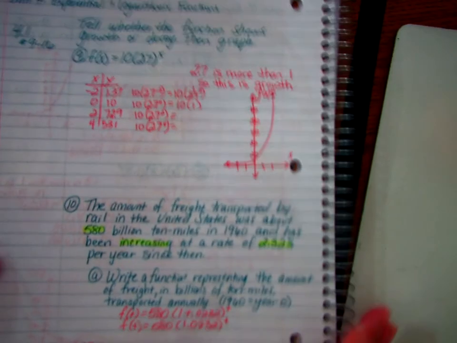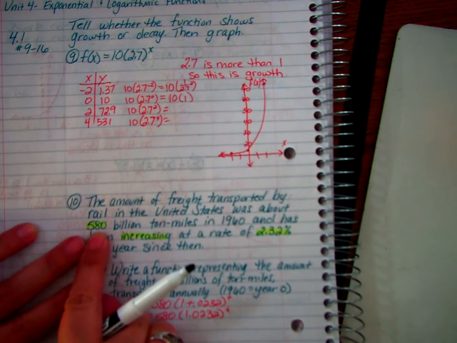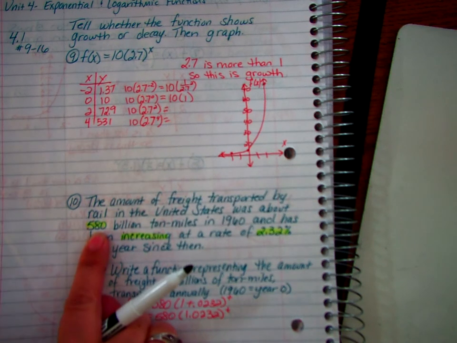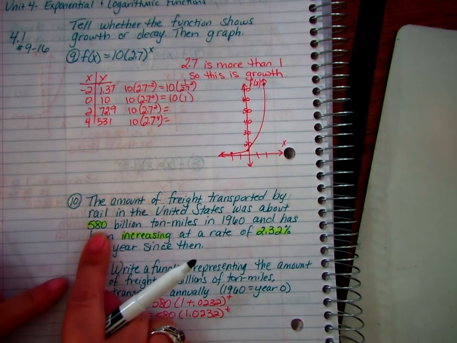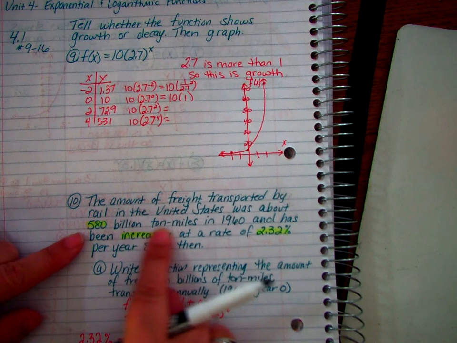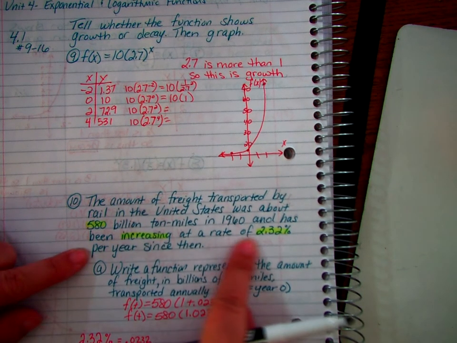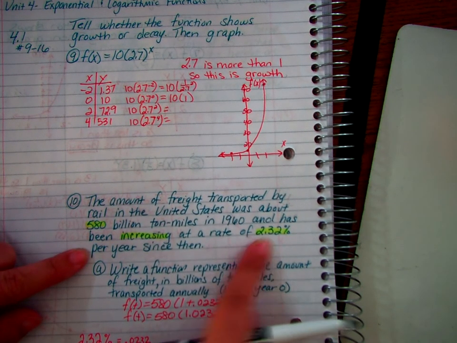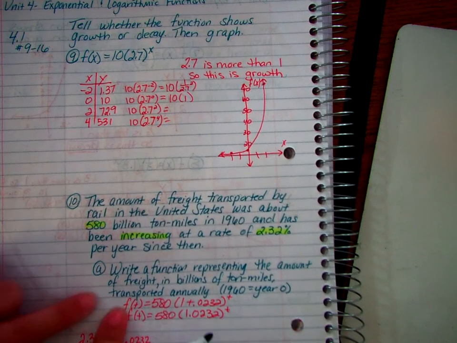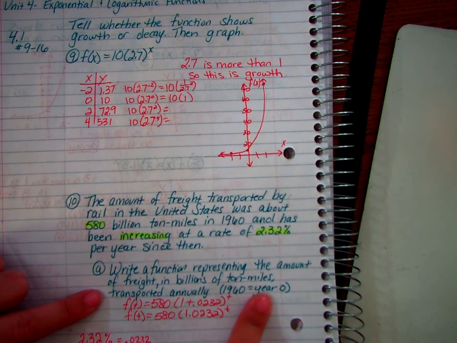Our word problem is: the amount of freight transported by rail in the United States was about 580 billion ton miles in 1960 and has been increasing at a rate of 2.32% per year since then. Write a function representing the amount of freight in billions of ton miles transported annually. I like to highlight key things from my word problem. So 1960 is year 0.